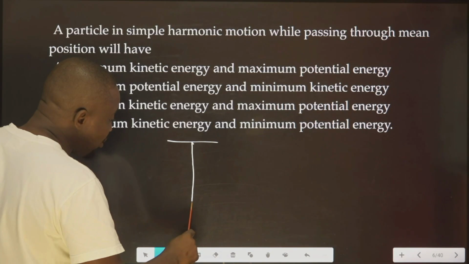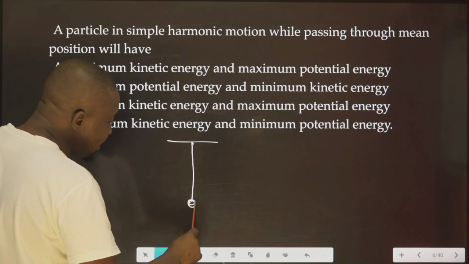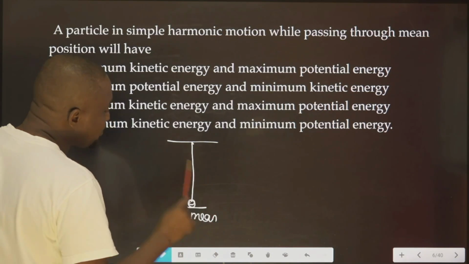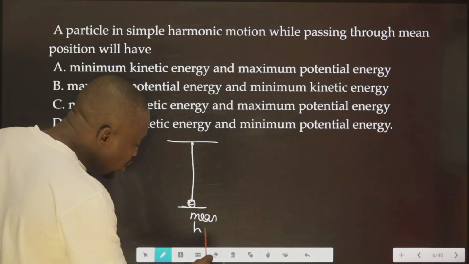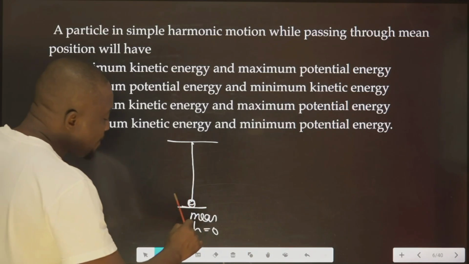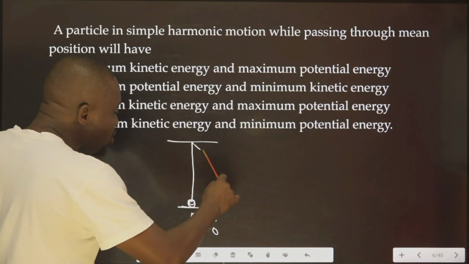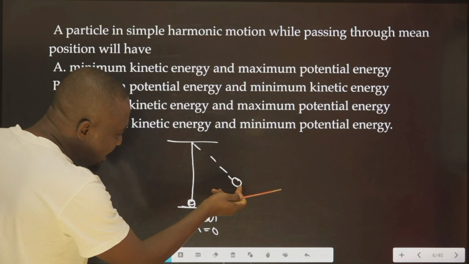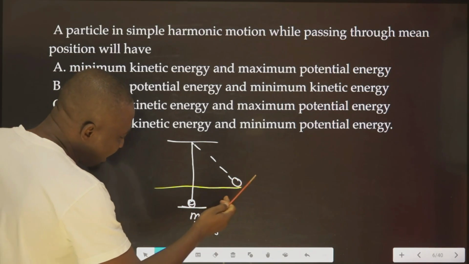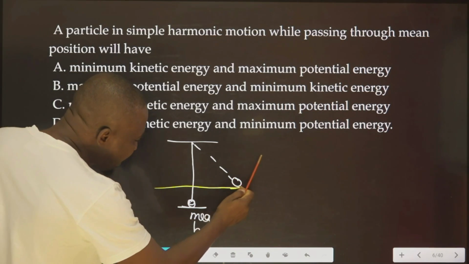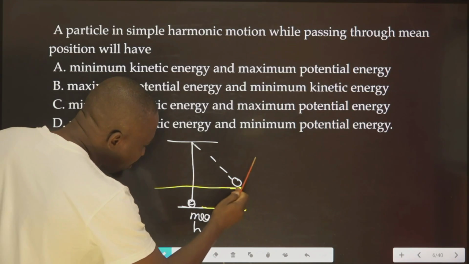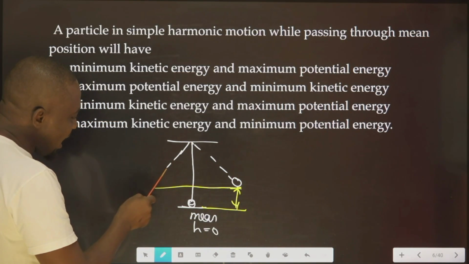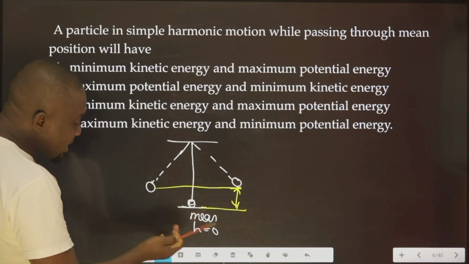In a simple pendulum, this is the mean position. The height here is always equal to 0. Remember, it's swinging. So when it is somewhere here, you will agree with me that if I draw a line here, the height between this and this position is very high. Also, when it is somewhere here, the same thing.